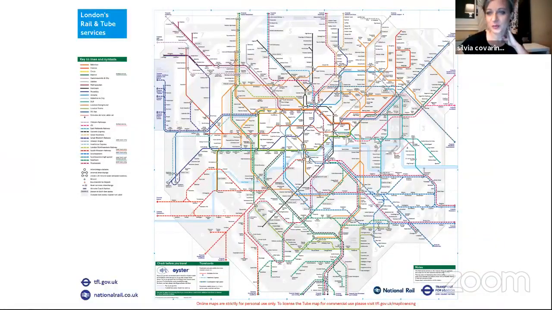Of course, the transportation and the mobility, especially in a city like London, is very important. This is another way to represent. It's not exactly in proportion, but the nodes of the stations give us an orientation in the city too. And in London, the railway and the tube service and the map are basic to orienting yourself.